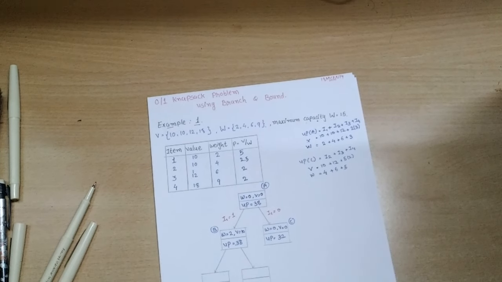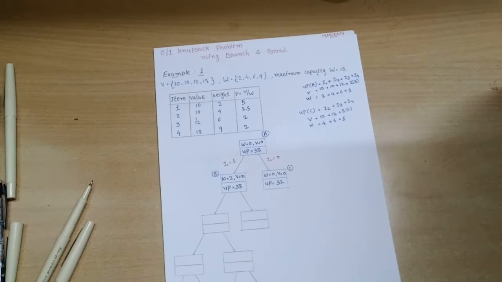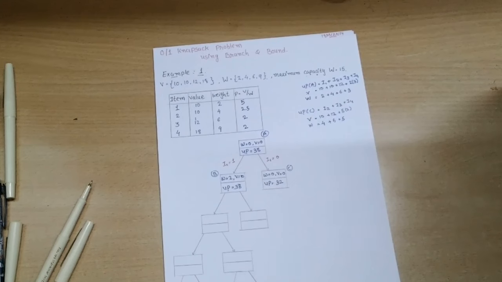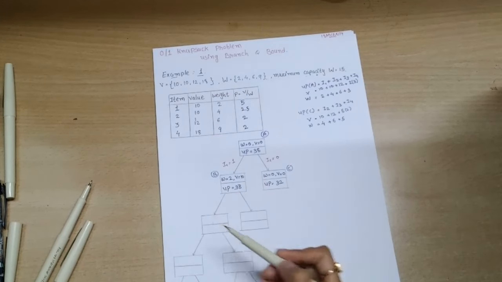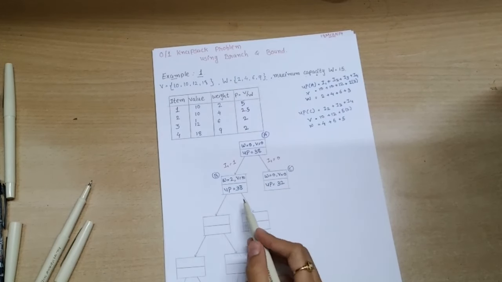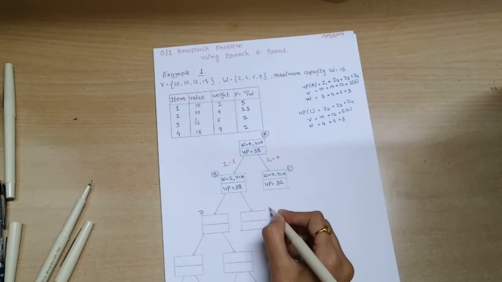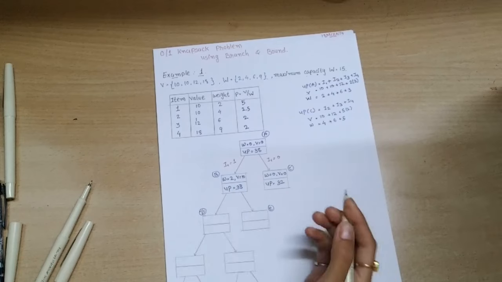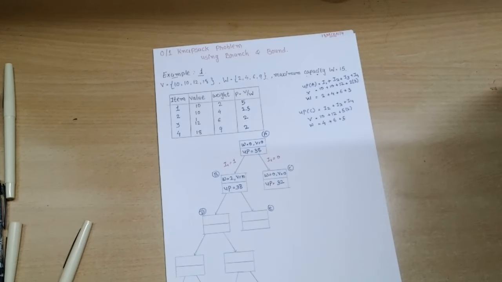Now we have to explore the nodes. We will further explore node B, which has two child nodes named D and E. Here let's consider item 2.